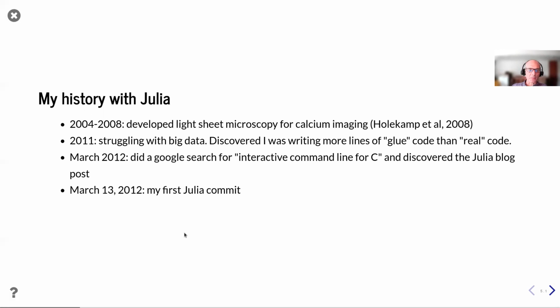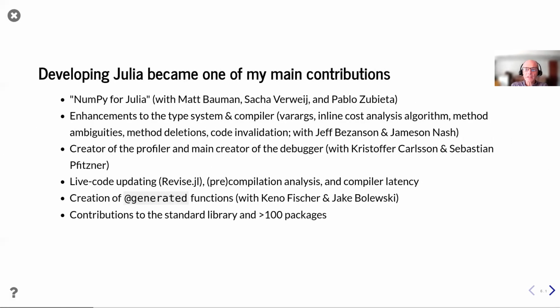And after some initial interaction online and getting really excited about the utility of this amazing language, I actually started to join the developer team with my first Julia commit. And this has become, for me personally, a big thing. I've done a lot of work in many different areas in Julia that span from array handling to the compiler and a lot of developer tools, among many other areas.